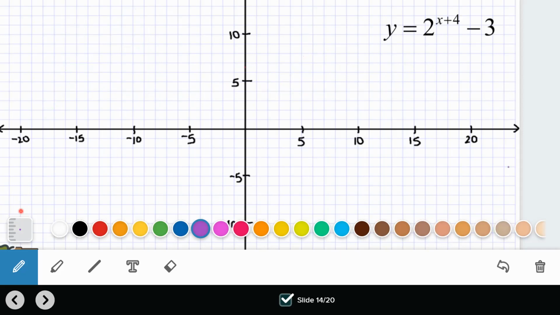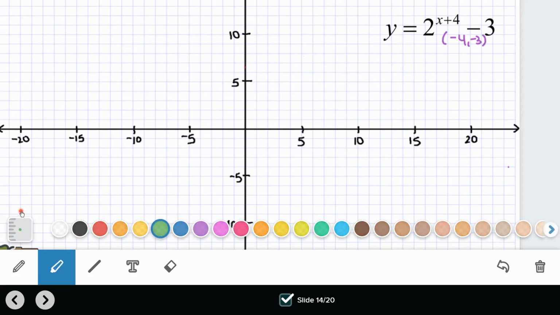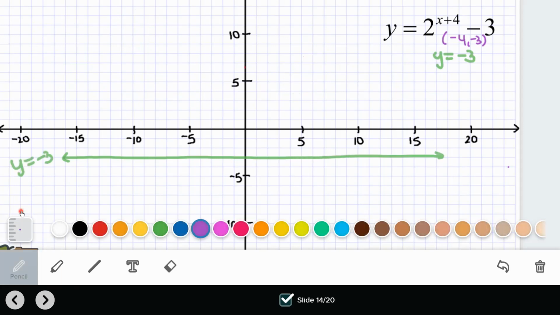This is another exponential. I can think of the locator point as -4, -3. So I'm going to have an asymptote down at -3. So let me draw that in. And then again, my locator point is going to be at -4, -3. So really the way I think about it is I go to my asymptote, which is going to the -3, and then I go to the left 1, 2, 3, 4.